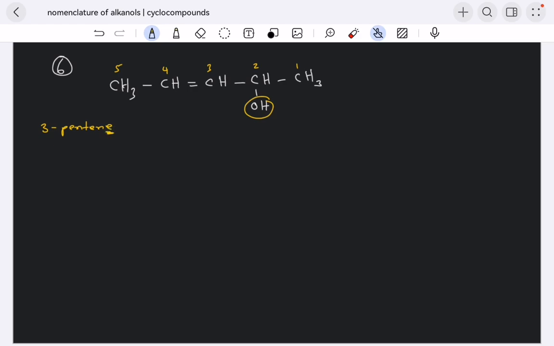So to name this particular compound, we'll say 3, then pent. Then we recognize the presence of a double bond, which is 2, then OL. So that will be the name of that particular compound.